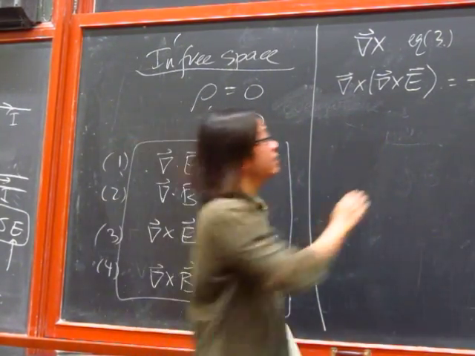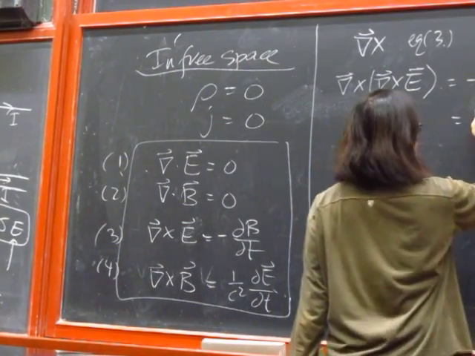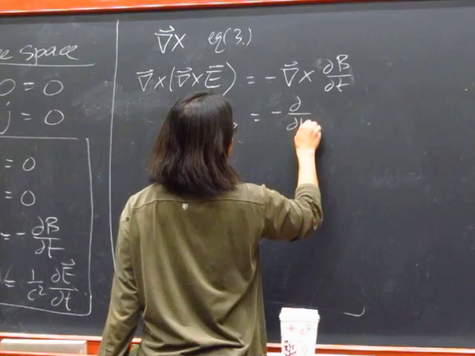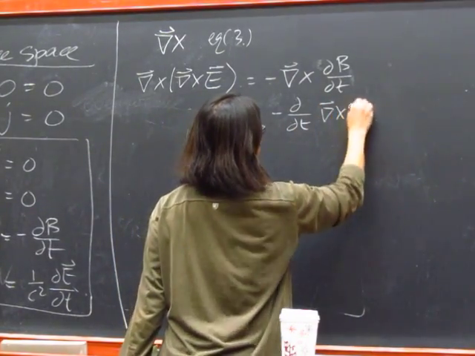You can always do that. Blindly, you can just do that. This becomes then minus d/dt curl of B.